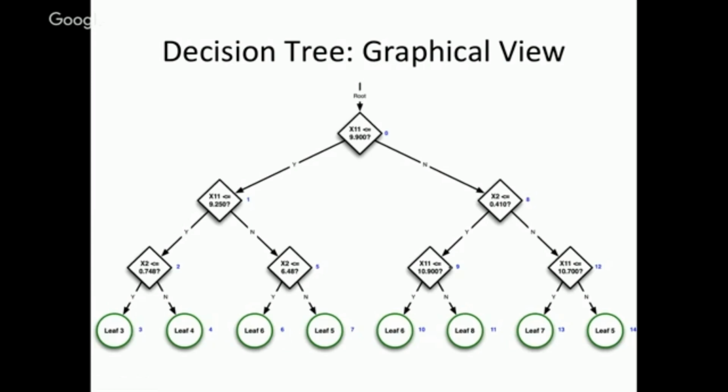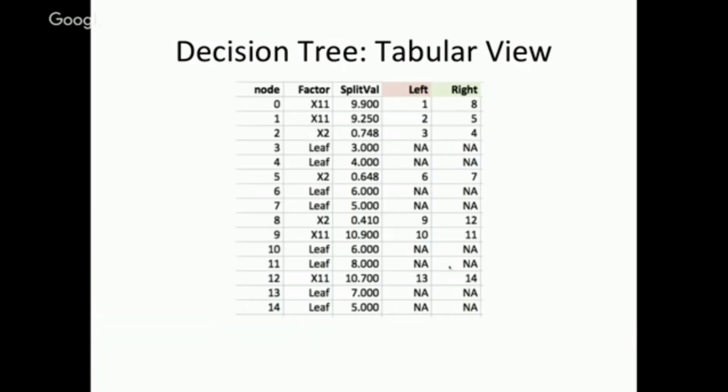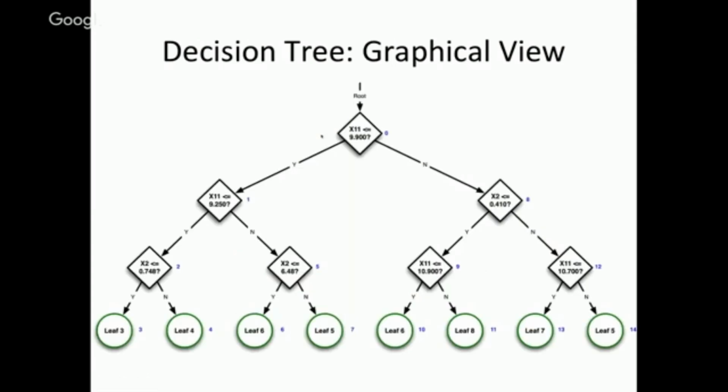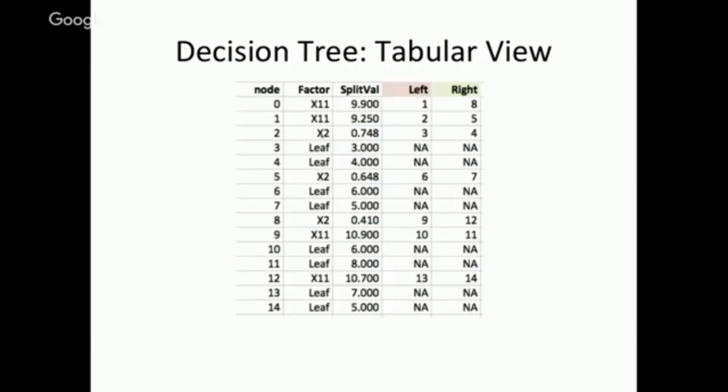Sometimes not all factors are included in the tree. And sometimes some factors appear more than others. And it turns out that that's often related to how predictive the individual factors are. Now, this is one way to view a tree. We can also view it in a different way in a tabular view. And this data right here represents the same tree, but in a tabular view.